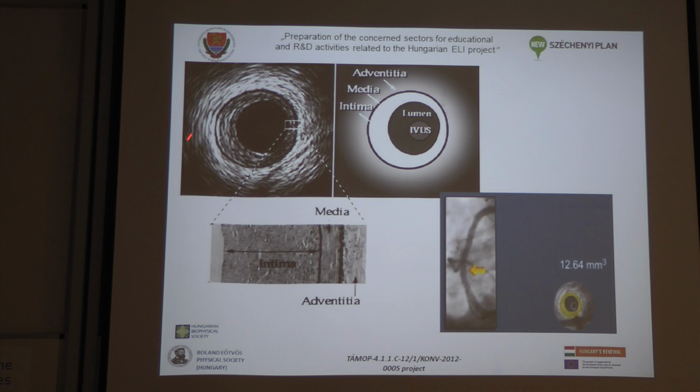The adventitia, this is this bright structure in the echo image that reflects the ultrasound. That is something that holds the artery's own little supplying small arteries, and this is fat tissue, but we are not that interested in that.